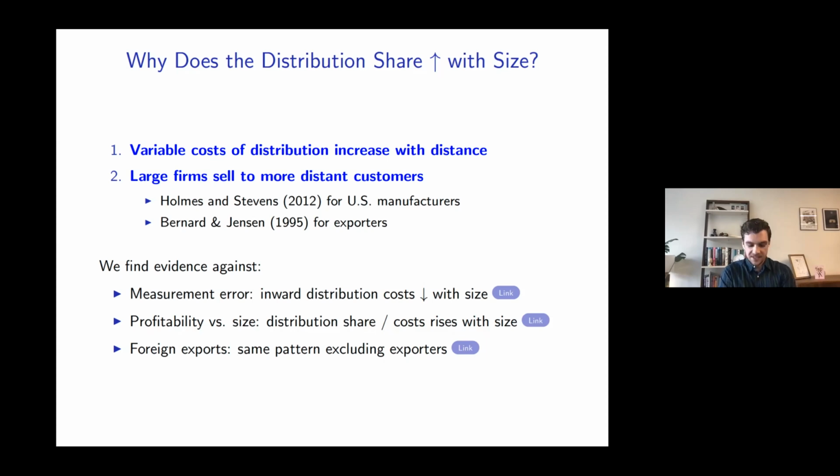So by foreign presence, you mean like in a different state or something, right? Because we're really focusing on what we can exclude. So I think the typical plants that we're looking at here, especially once we exclude exporters, when we still see this strong trend, we're not really looking at the Amazons, or the Walmarts in the US, where the competitive advantage of these firms is their distribution network, right?